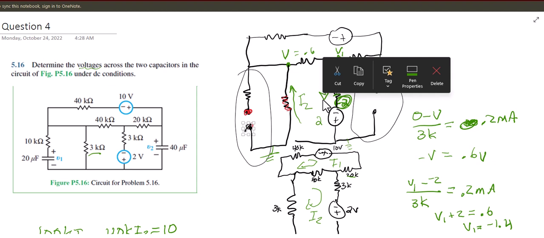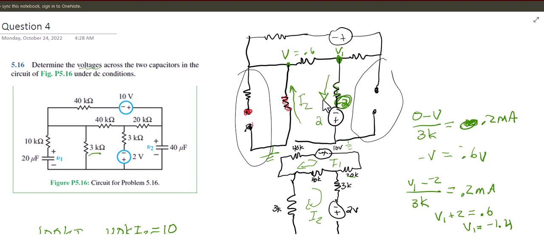Oh wait, V was minus 0.6, right? Yes, minus 0.6. And V1 is now minus 1.4. Okay, so now let's get the voltage right here, and I'll call that V2. So the current running here is I1. So V1 minus V2, do I have that going in the same direction as I1?